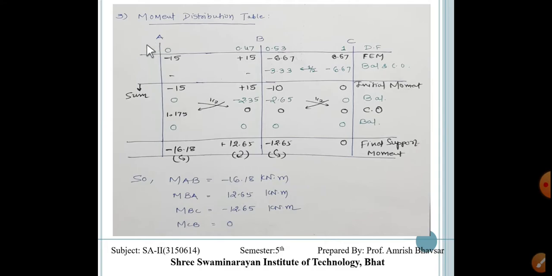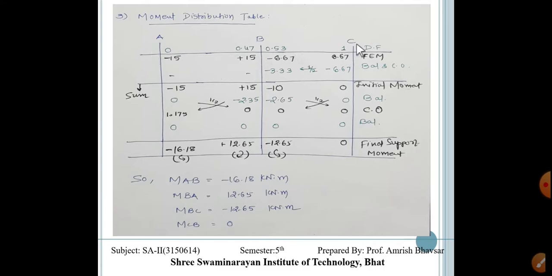First joint A, second joint B, third joint C. Here we take the reference line from this support, and first we write the distribution factors. At A the distribution factor is 0, at B it is 0.47, for B to C it is 0.53, and at C it is 1.